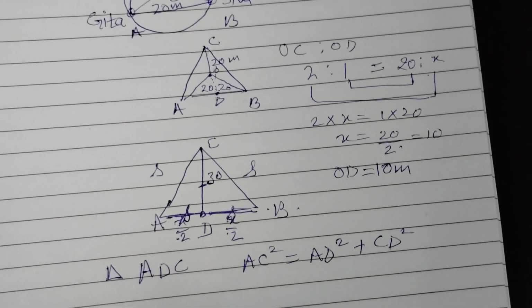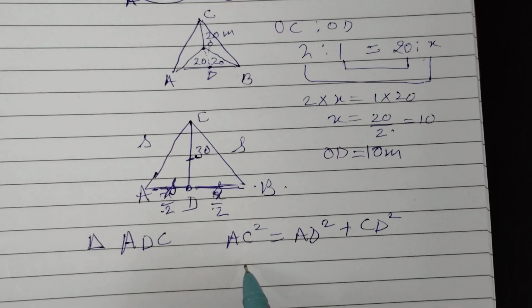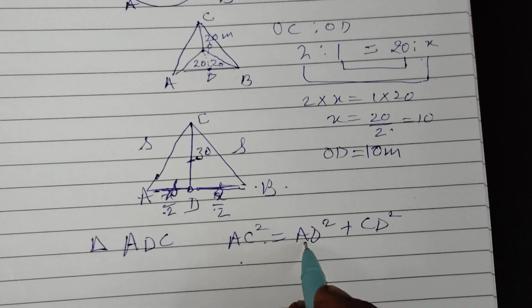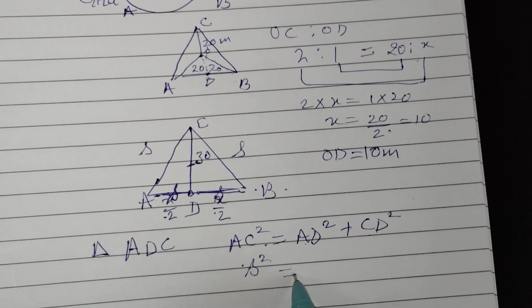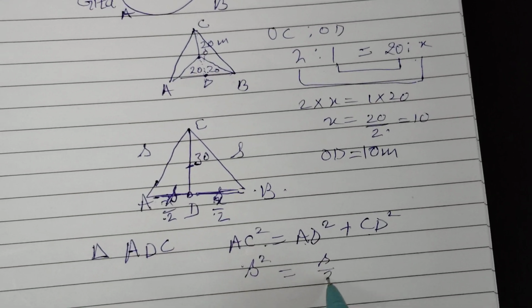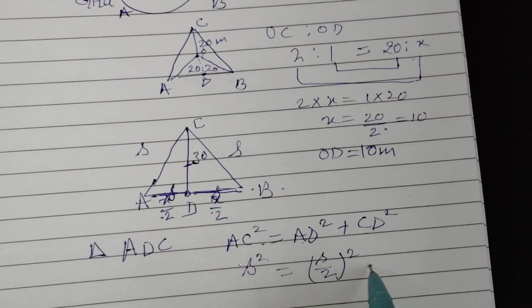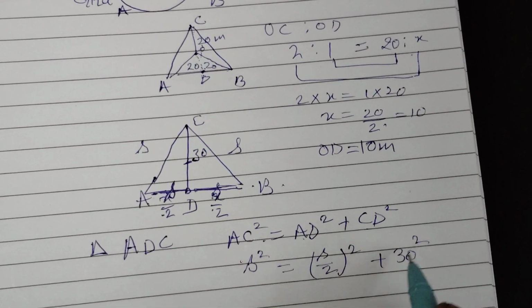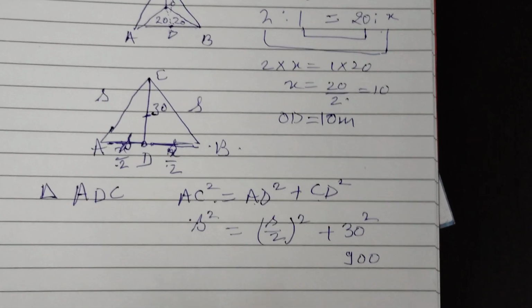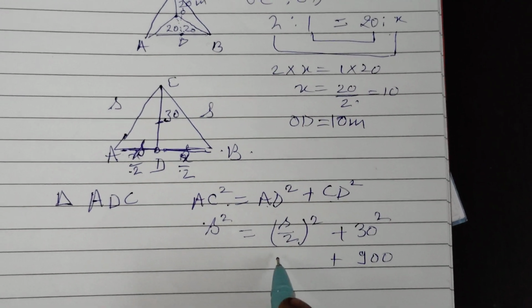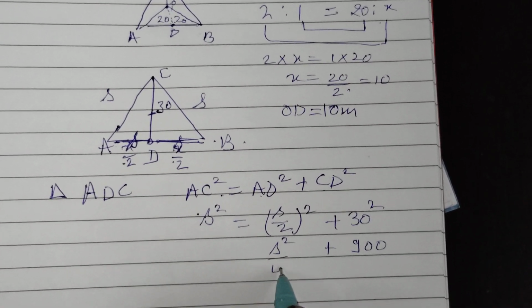This is the property of hypotenuse square equal to perpendicular square plus base square. So AC is s square, AD is s by 2 square, and CD is 30 square. 30 square is 900, and s by 2 square is s square by 4.